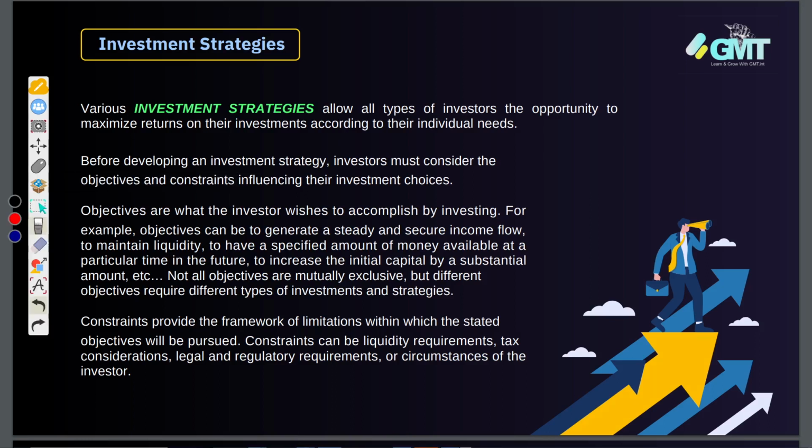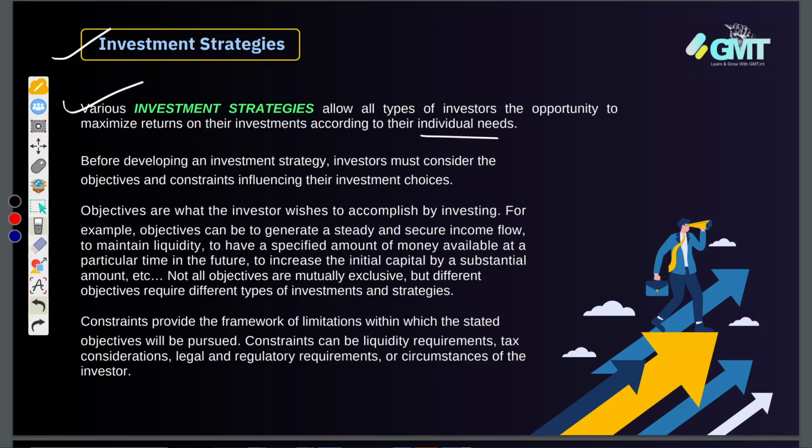So what about investment strategies? Now we have seen the investment products like equity, bonds, debentures. But if you see investment strategies, what are they and how do we invest? Various investment strategies allow all types of investors the opportunity to maximize return on their investment according to their individual needs.